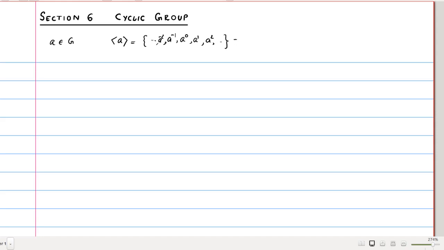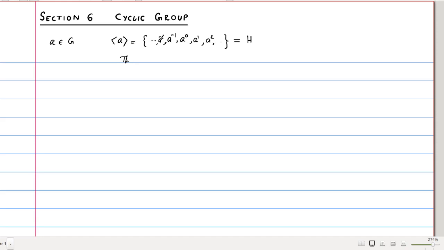In that theorem we denoted this as capital H, and we proved this is a subgroup of G, and in fact the smallest subgroup of G containing a. This subgroup is also called the cyclic subgroup.